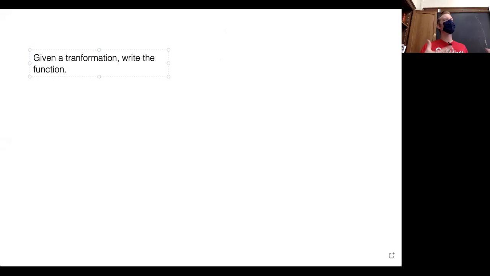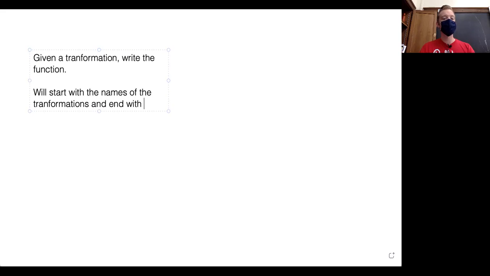We're going to start with the names of the transformations and end with the function itself. We had been working the other direction. We had started with the function and named the transformations, but now we're going to go the other direction. We're going to start with the names and write the function.